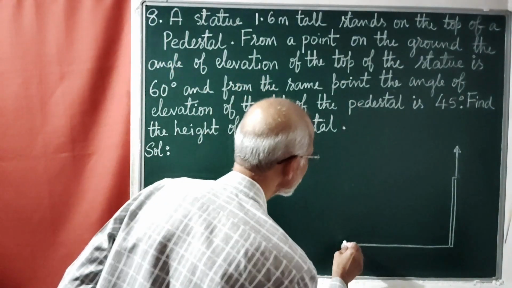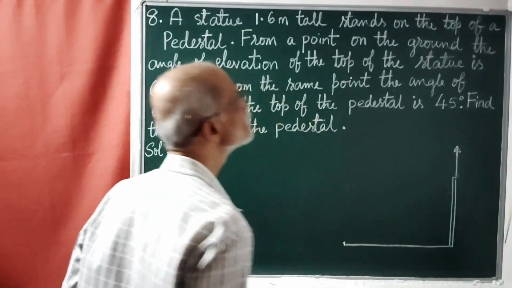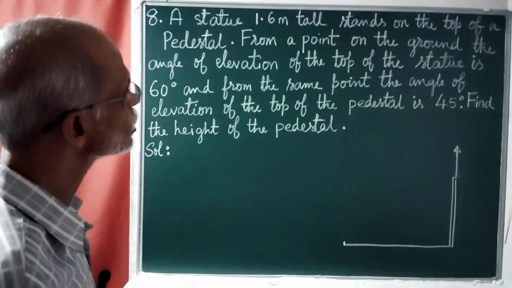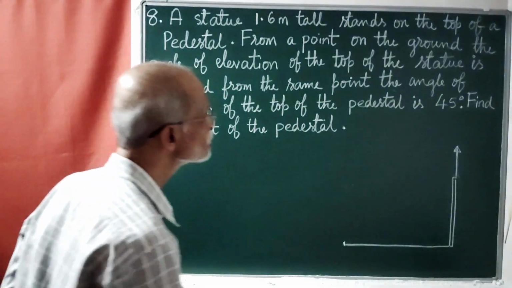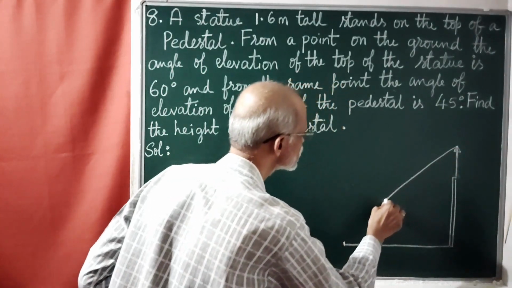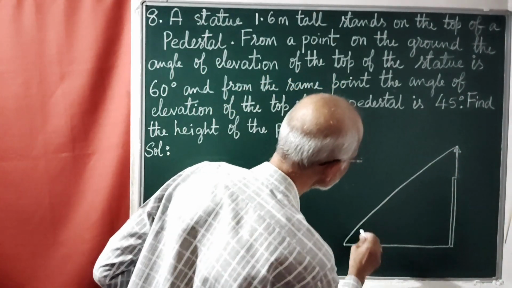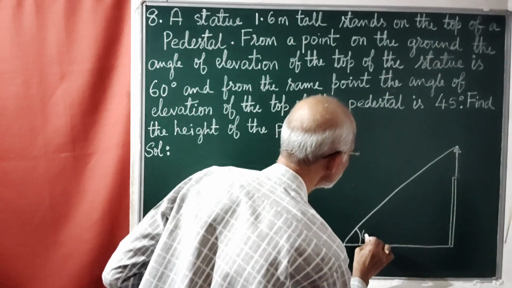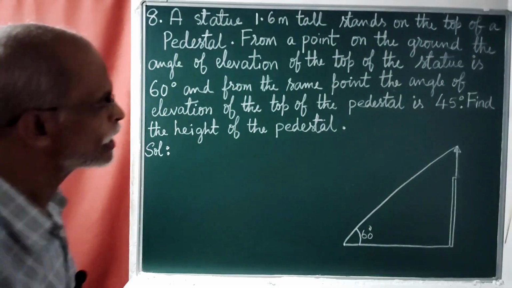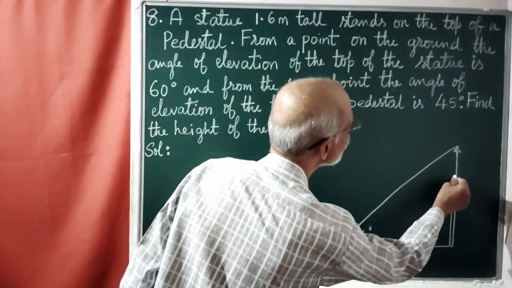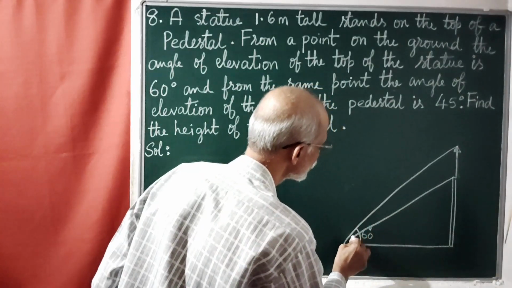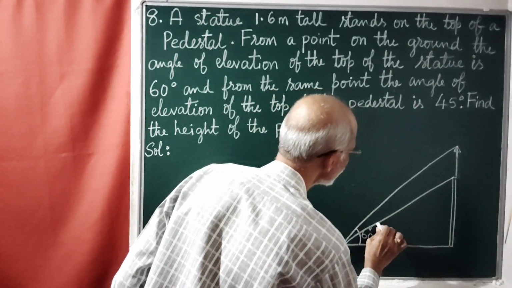From a point on the ground, let this be the point on the ground, the angle of elevation of the top of the statue is 60 degrees. Then the angle of elevation to the top of the pedestal is 45 degrees.